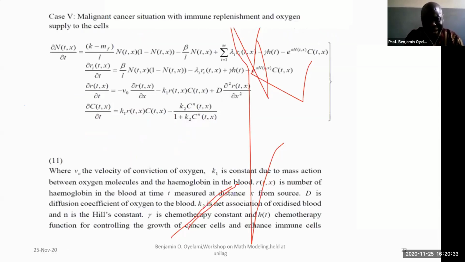We can now have another case, in the case of the malignant one, when metastasis has taken place. What do we mean by metastasis? It means that the local tumor has started spreading around the body. It spreads to the blood vessels, spreads to the lymphatic cells, and then it goes around the body.